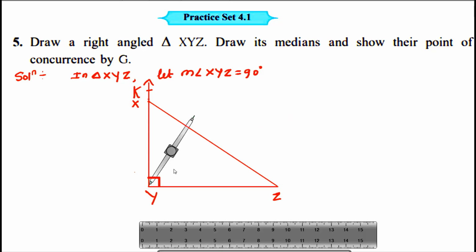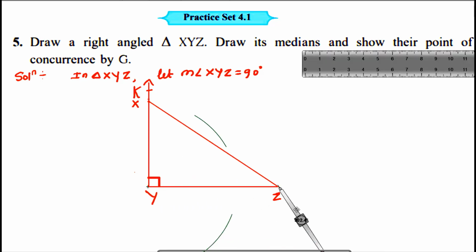Take some distance in the compass, more than half of segment YZ, and draw the arc above the segment YZ and below it as shown here. Keeping the same distance, put the compass on point Z and draw the arc intersecting the first arc.